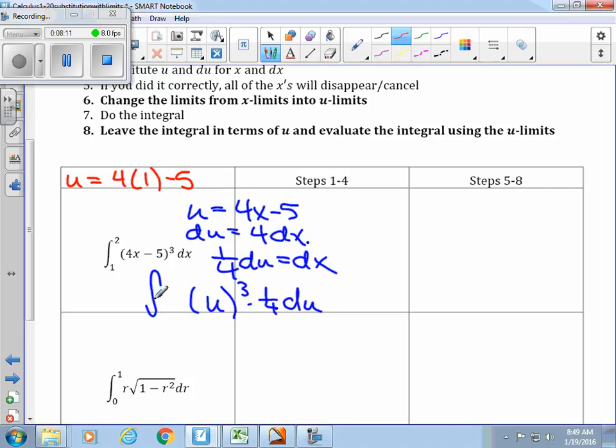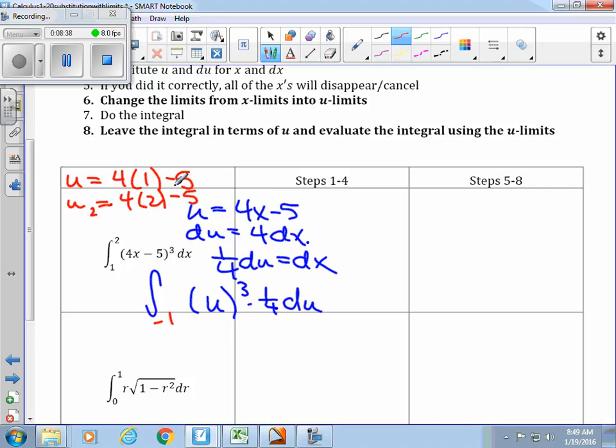Does everyone see how I'm changing the x to a u? If u equals 4x minus 5, then I can find the equivalent u value for the x value. So 1 times 4 is 4 minus 5, it's -1. And then u at 2, right, is 4 times 2 minus 5.